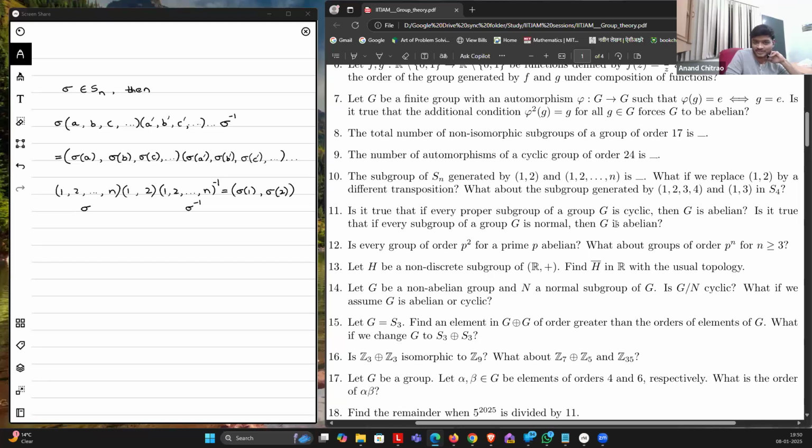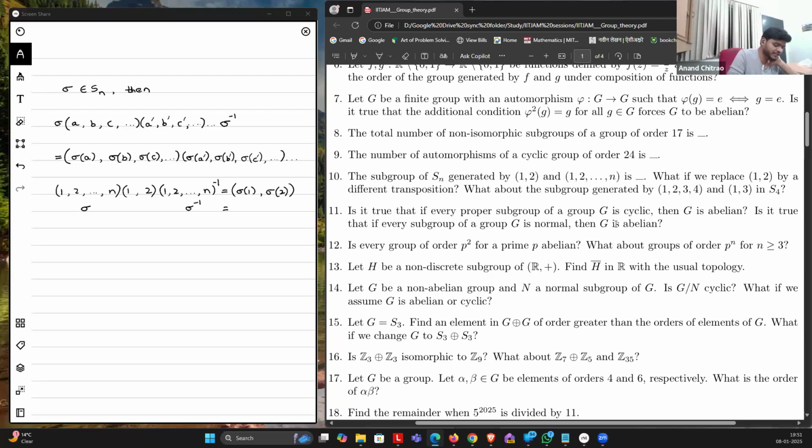I need responses from you. Take this to be the middle cycle decomposition of an element. This is equal to sigma evaluated at 1, sigma evaluated at 2, and so on, right?